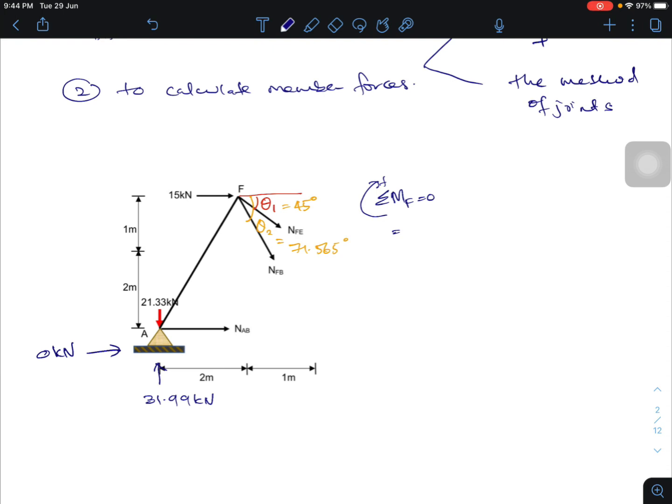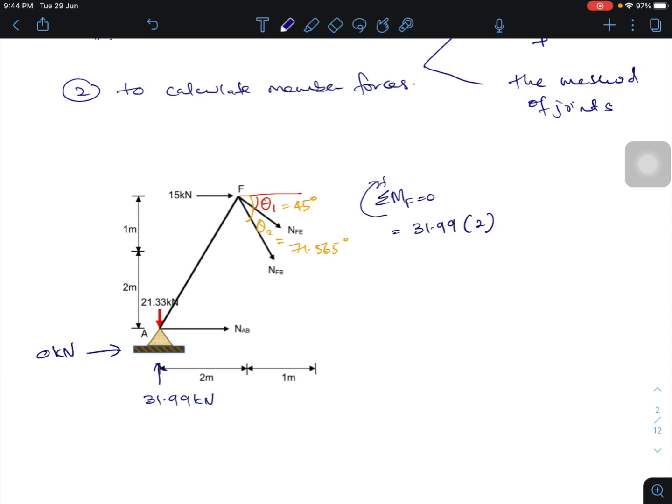Now the vertical reaction at A will rotate in clockwise direction, so 31.99 times 2 meter.